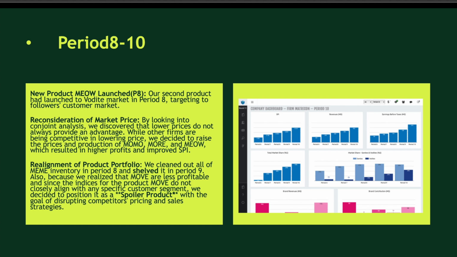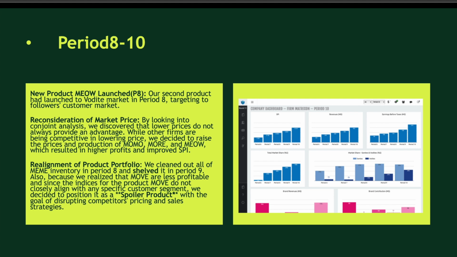Because we invested most of our advertising expenditures in Melt, we have greater confidence in this product. It was decided to align with the key metrics and preferences of our largest customer group in the Wildite market, which is Followers.